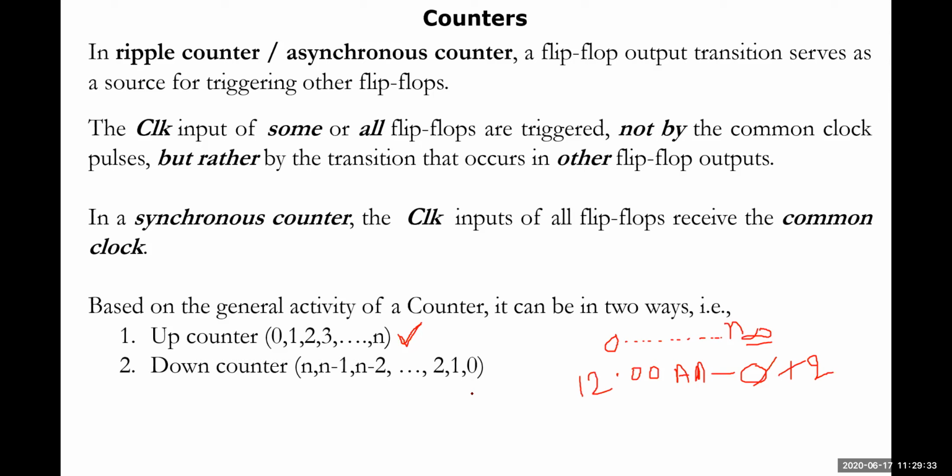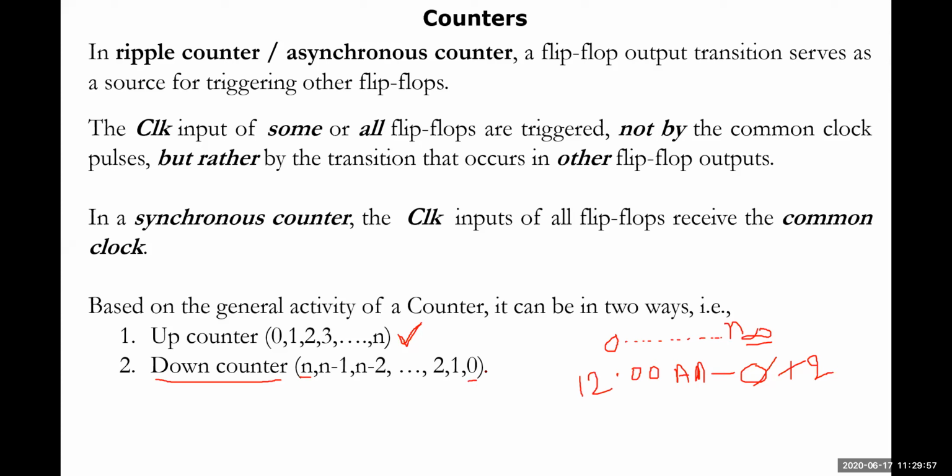And one more thing is a down counter. A down counter starts with a value which we have to specify here, n. Then n minus 1, n minus 2, n minus 3, and so on to 0. As and when it becomes 0, the down counter cannot operate below 0.